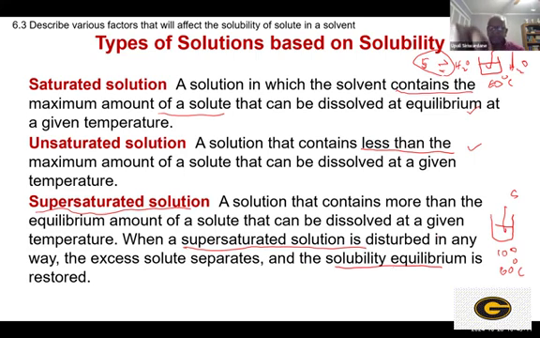If you add a seed crystal, all of a sudden, all the excess solute comes out and makes a lot of crystals.